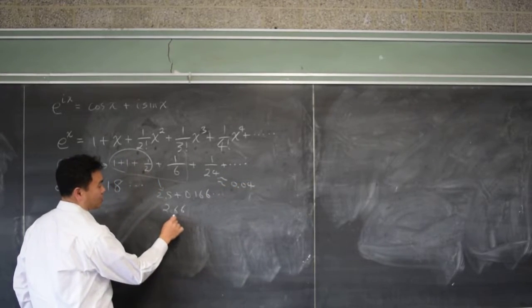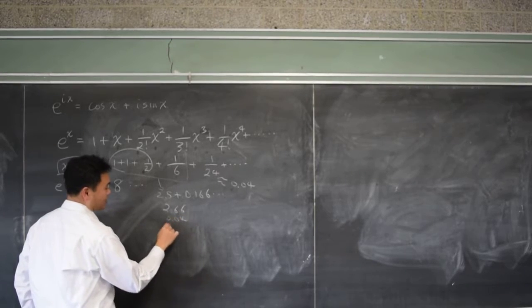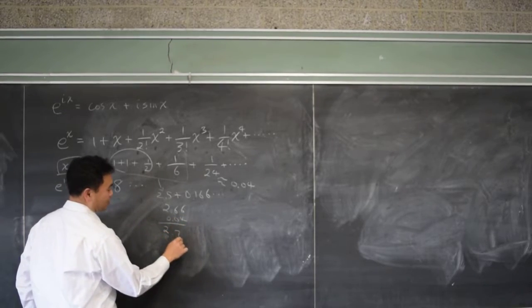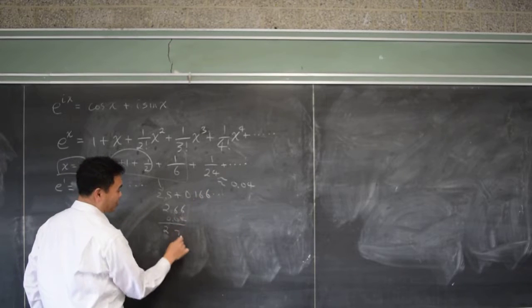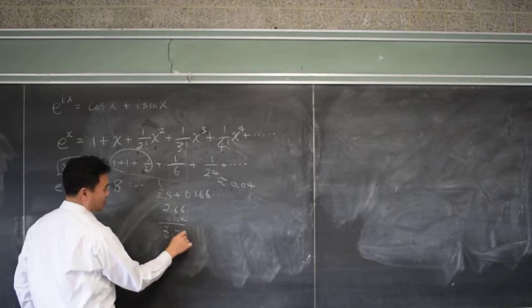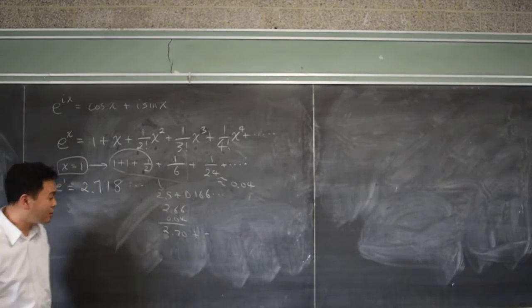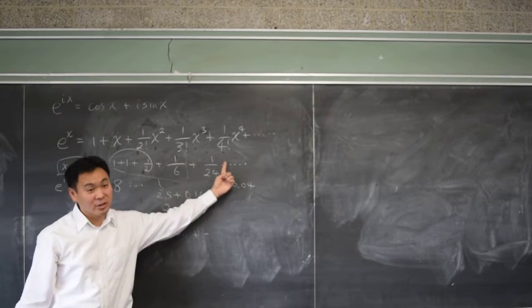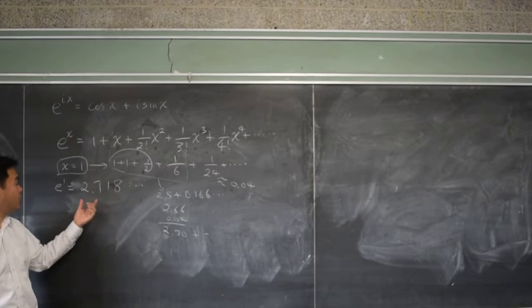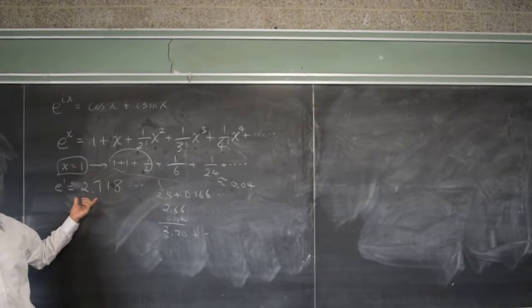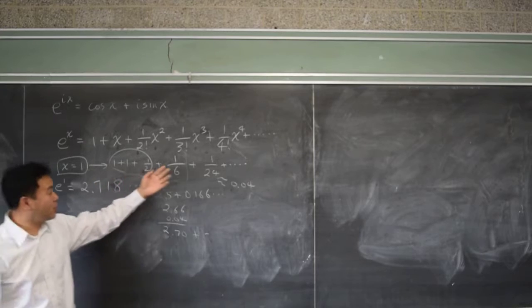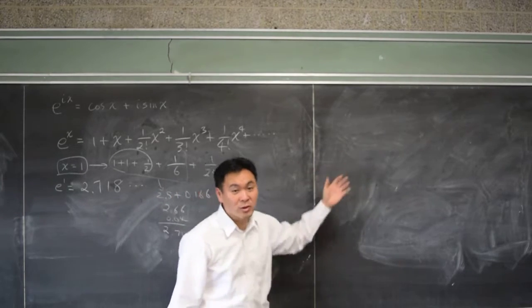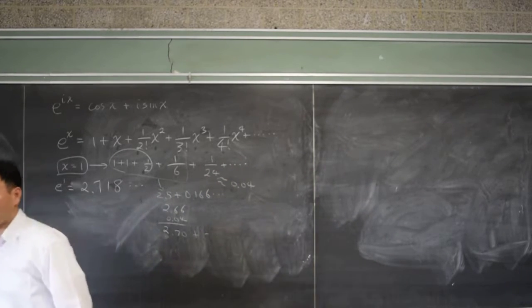So if you add 0.04 to this one, you're going to get 2.7. It'll be slightly bigger, and then it'll increase. So already, if you add it up to here, you get a pretty good approximation of e, which is 2.7. And if you add more and more terms, you will end up with a more and more accurate value of e.